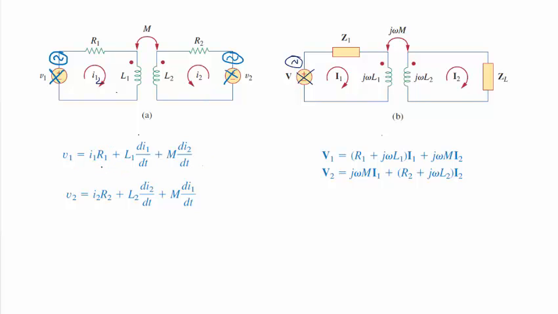So going around the loop, I R1 plus voltage in the inductor, which is L dI1/dt, plus the additional amount of voltage that's induced by the current in I2. So looking at my dot convention, I have current going into this inductor.